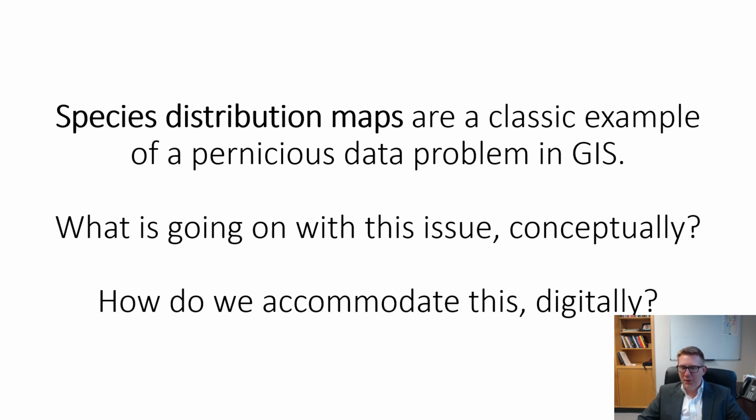Maybe polygons aren't the right way of solving this problem at all. So when you're reflecting on these kinds of analysis problems, you have to get back to what's the real underlying reality of the phenomena we're trying to model, and how do we operationalize, or how do we accommodate this digitally? How do we turn those things into a map that we can use?